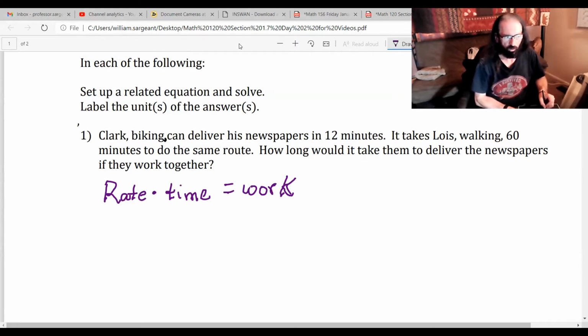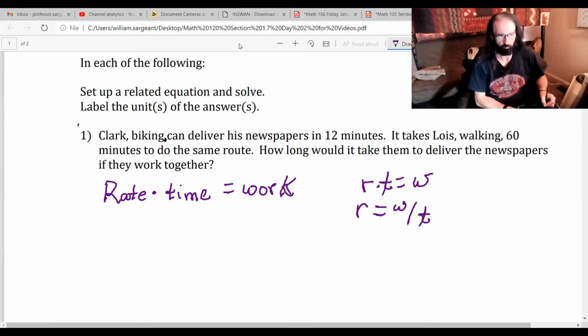Now, rather than using the 12 minutes for Clark biking to deliver an entire route and the 60 minutes for Lois, we're going to use furthermore that if we divide both sides by T, that's going to give us our rates. Why? Because the initial information here is about Clark and Lois getting one entire job done.